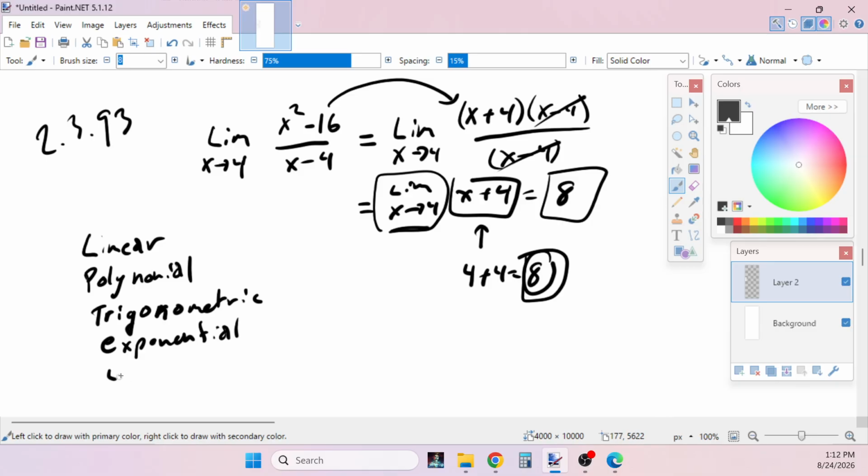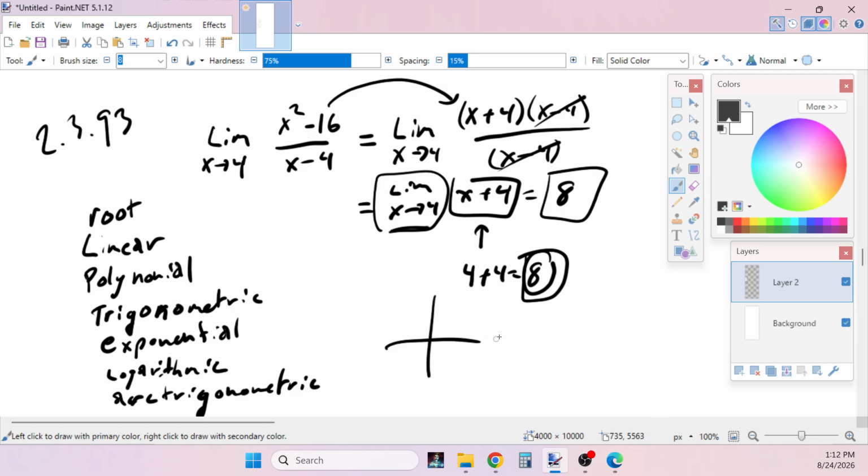Logarithmic functions. And arc trigonometric functions. Did I miss anything? Oh, root functions. Again, these are where they're defined.